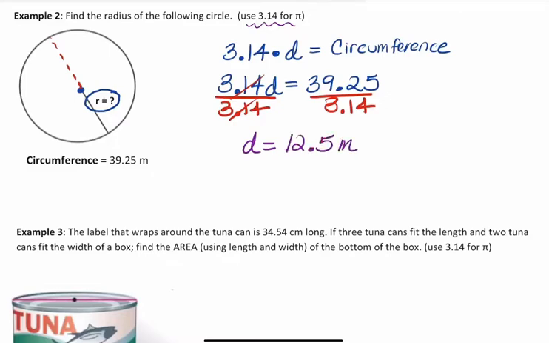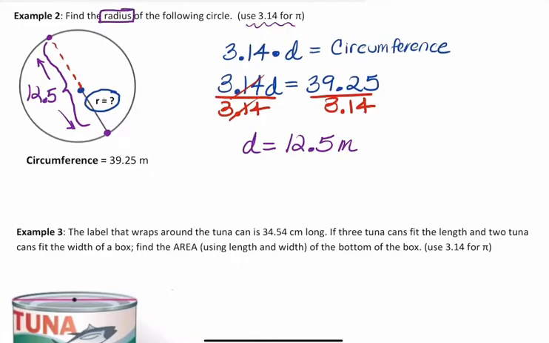Let's make sure we're clear on what we're looking for here. We just found the diameter. The diameter is the entire length through the circle, as long as it goes through the middle, and that's 12.5 from end to end. This particular problem, we're looking for the radius, so you have to keep that in mind.